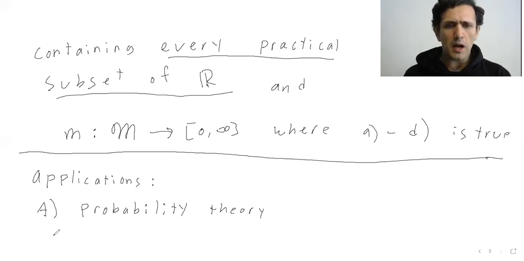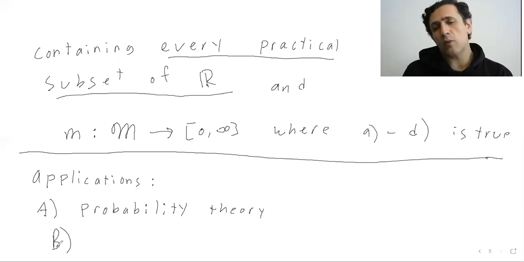Second, in practice, if you want to study things like Fourier series, the Fourier transform, if you want to solve PDEs, if you want to prove results about PDEs, if you want to do other things in applied math, data science, the Riemann integral just kind of sucks.